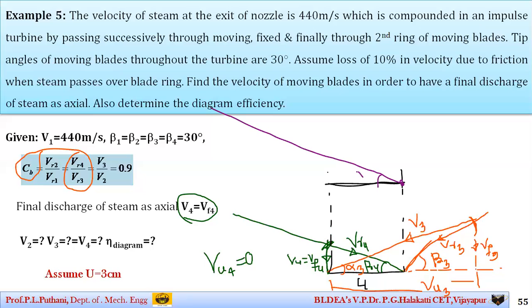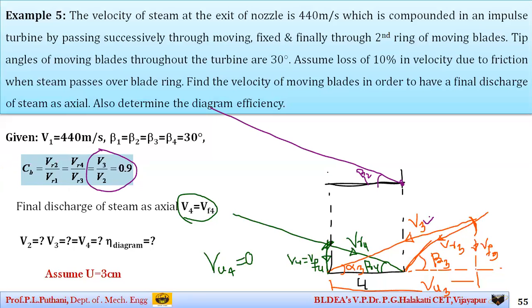Beta 2 I get. But again, I don't know the length of VR2. But what I can do now, students, is use the blade coefficient equation. I have V3 by V2 is equal to 0.9. Just now I have got the value of V3.